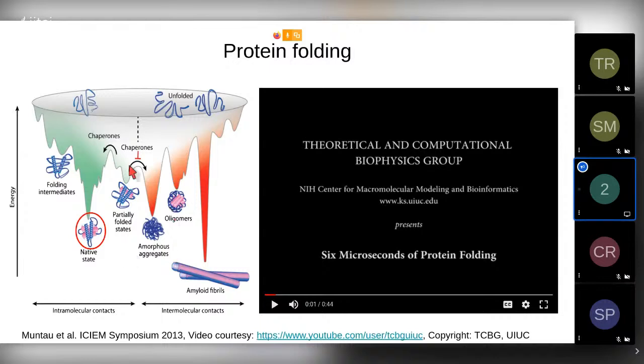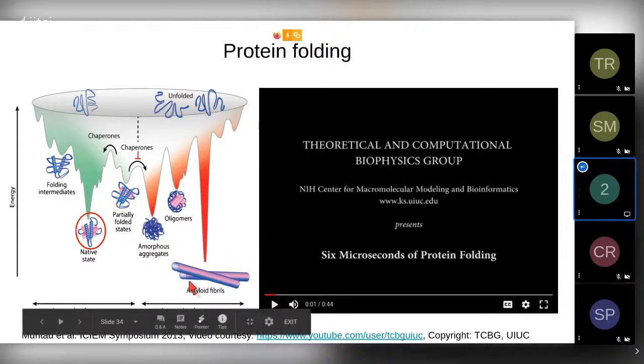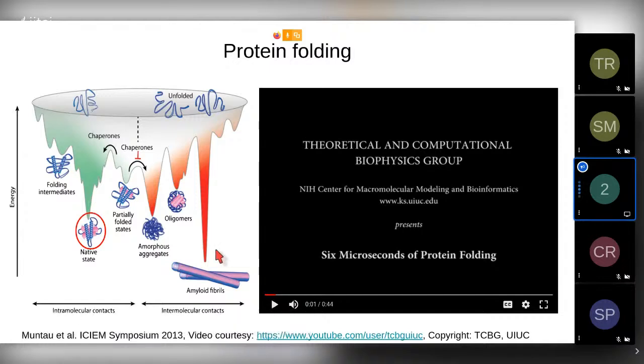Now, if you somehow cross these barriers by some mutation or misfolding or some other problems, then you will eventually lead up to these structures. It is almost impossible to come back from this structure to the actual native state, because these amyloid fibrils have very low free energy.